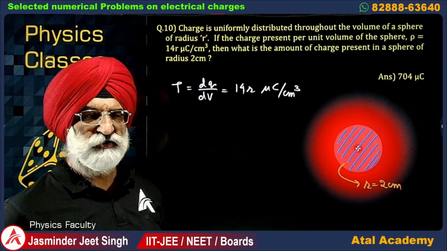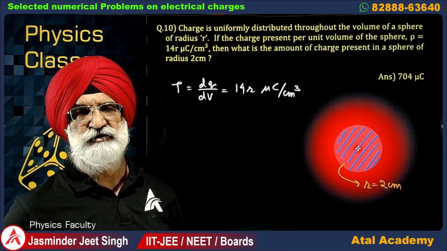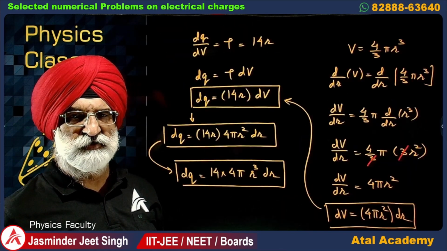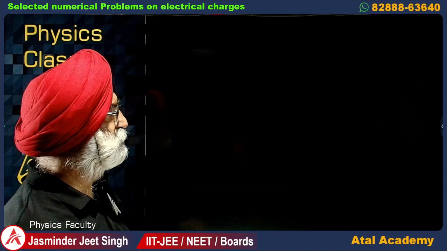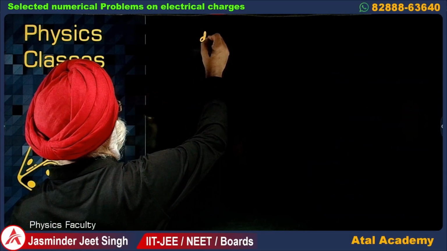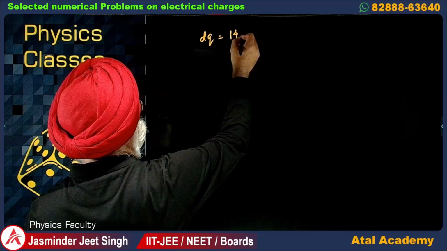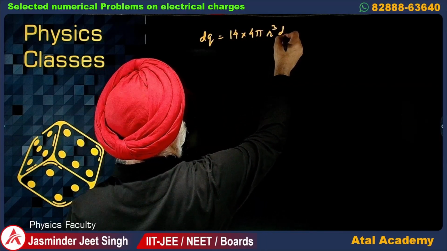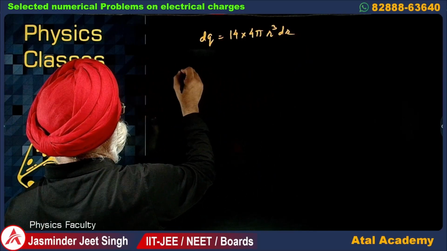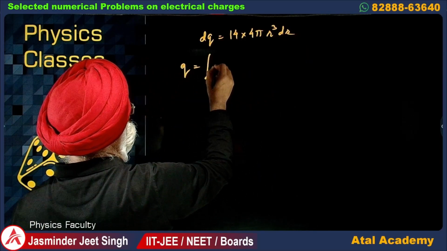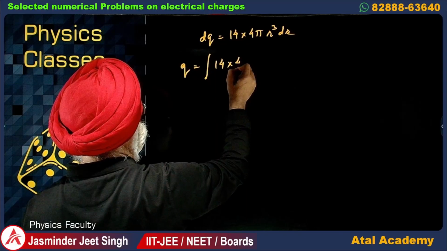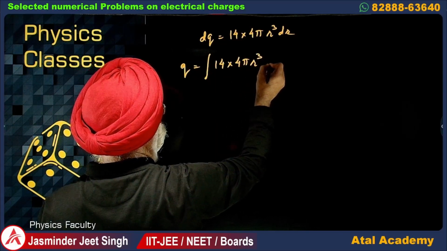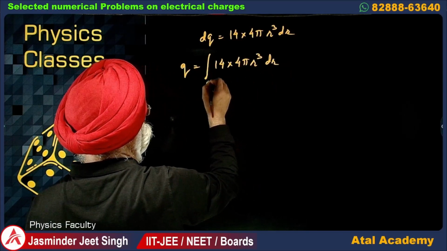The suitable limits are from 0 to 2 centimeters, we have to find out the total charge. So the total charge will be the integral of 14 into 4 pi r cube dr from 0 to 2 centimeters.